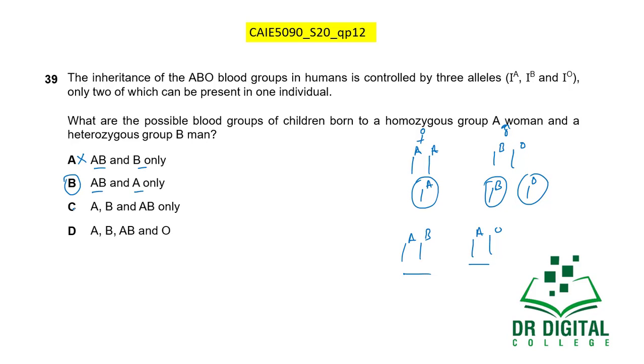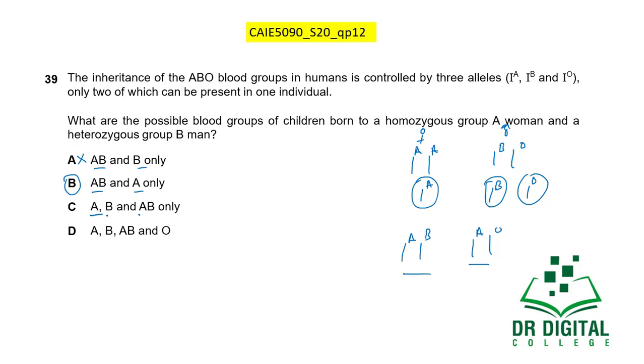A is wrong. C is wrong because once again A, B and AB all cannot be produced. For the formation of blood group A, there should be IA from the mother and IO from the father.